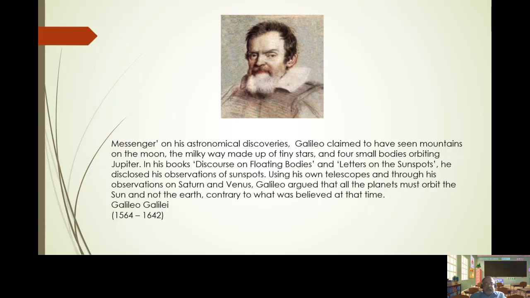In his book Discourse on Floating Bodies and later on sunspots, he disclosed his observations on sunspots through his own telescopes, and his observations on Saturn and Venus. Galileo argued that all the planets must orbit the Sun and not the Earth, contrary to what was believed at that point of time.